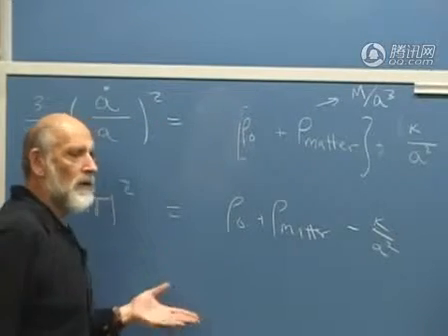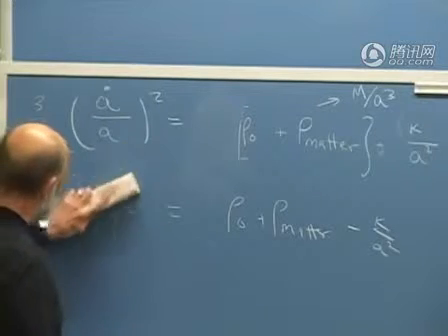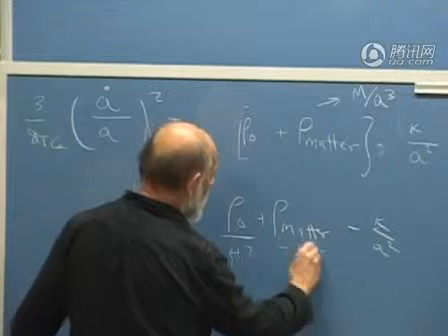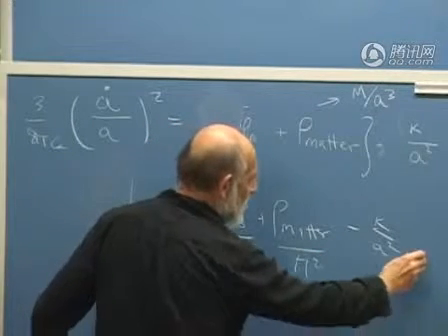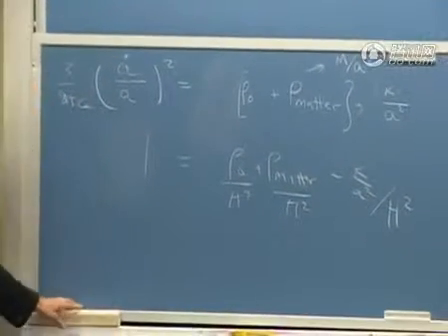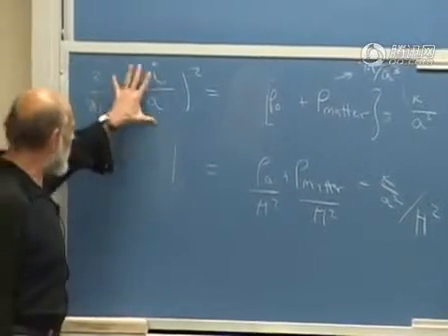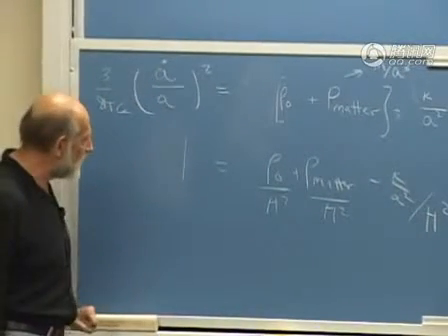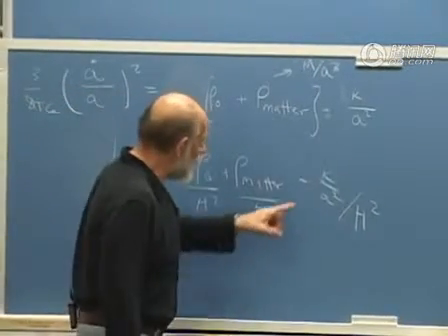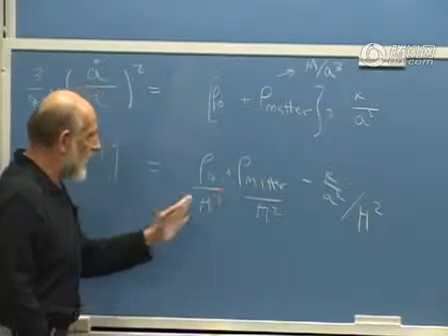This is either +1 over a squared or -1 over a squared, whichever, and then divide it by Hubble squared. These things have to add up to 1. That's just trivial. I just divided by the left-hand side of the equation to get 1 here. All right? But notice, that's not the only thing we could say. We can say if k is equal to 0, these two things have to add up to 1.